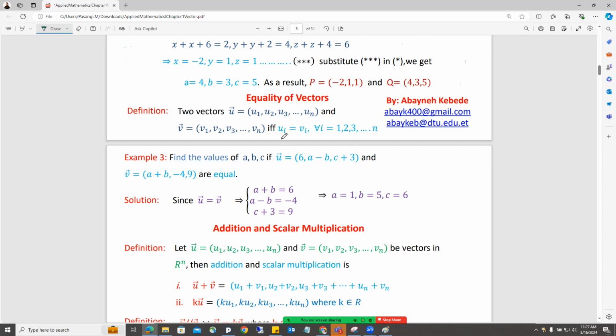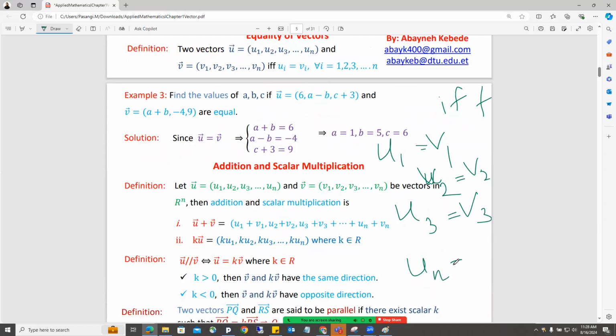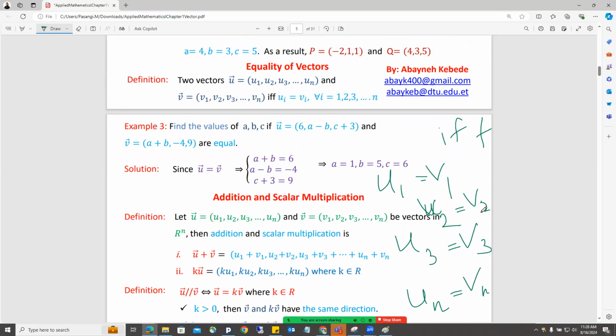Then if and only if ui equals vi, each and every one should be equal: u1 equals v1, u2 equals v2, u3 equals v3, likewise up until un equals vn.